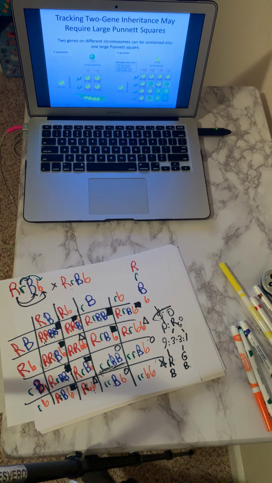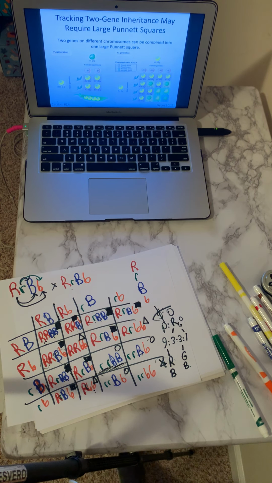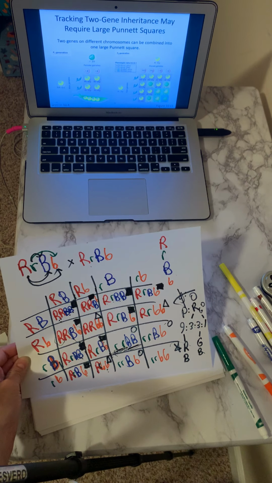So this is the ratio for breeding together 2 heterozygote individuals with 2 traits: 9 to 3 to 3 to 1 for the phenotypic ratio of what they're going to look like. It will always be the same, 9 to 3 to 3 to 1 for the phenotypic ratio of a dihybrid cross.